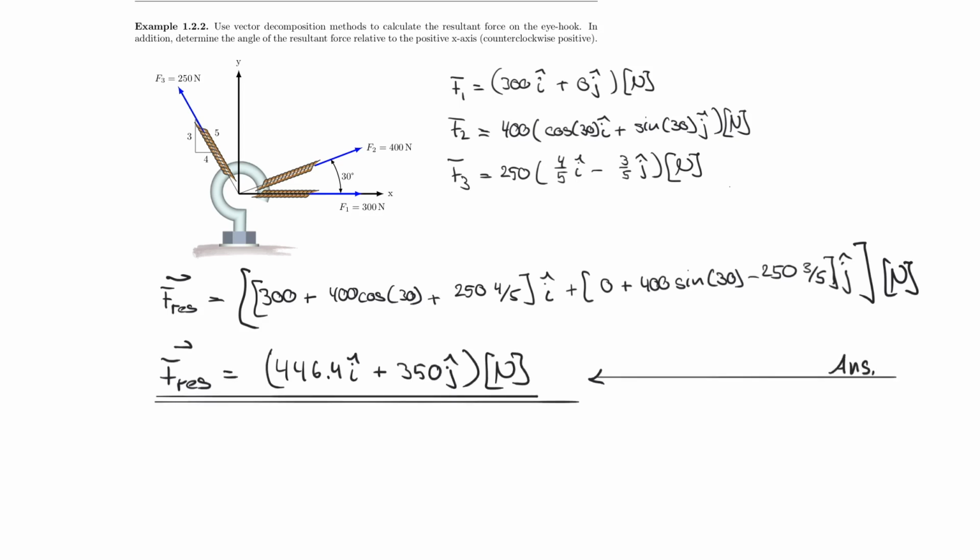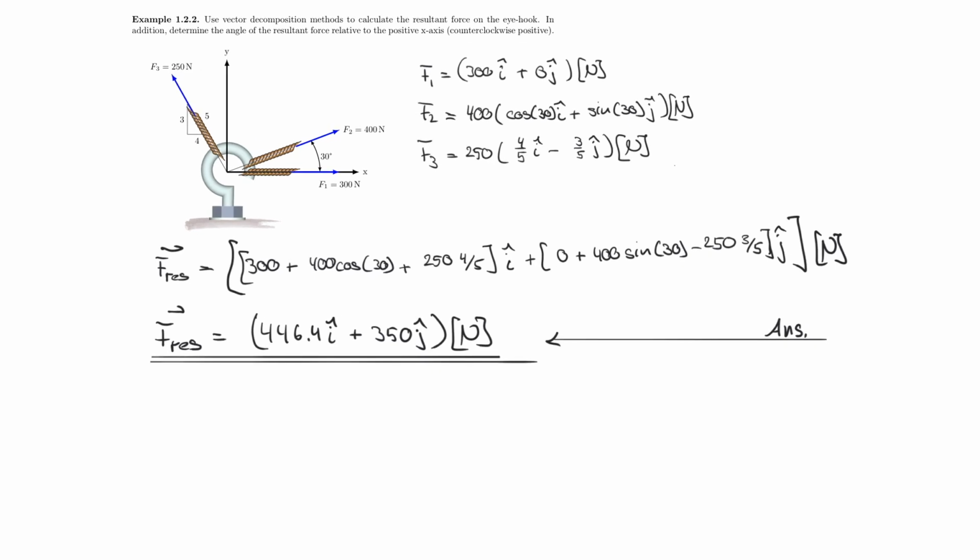And now I need to find the magnitude of that F resultant. So F resultant magnitude is equal to the square root of 446.4 squared plus 350 squared.